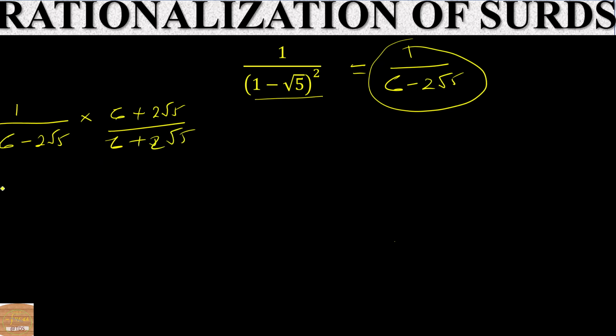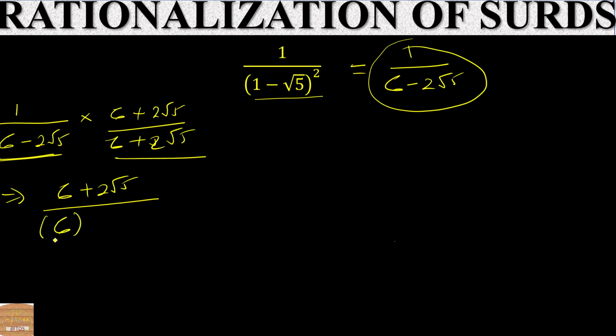All right. So 1 times that numerator, we have 6 plus 2 root 5. So this one we can use difference of 2 squares. So I'll pick this one, the one with the minus. Now I'll square the first. Now I'll square this one as well.